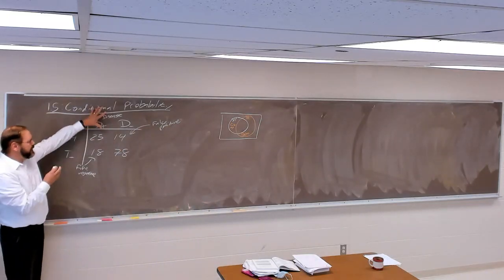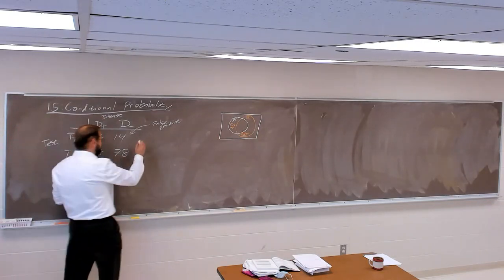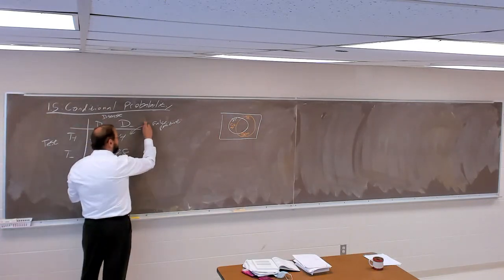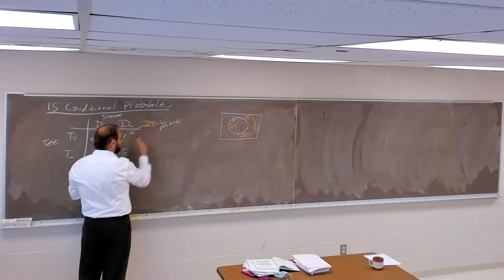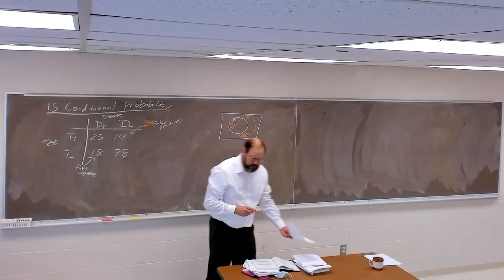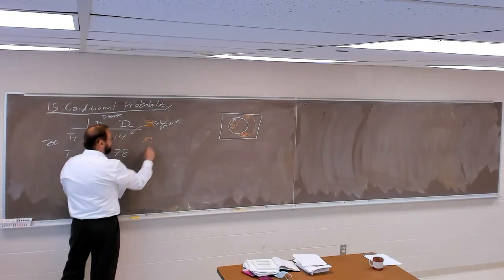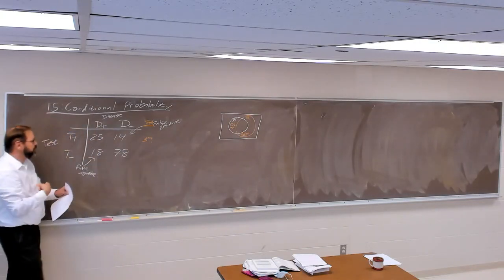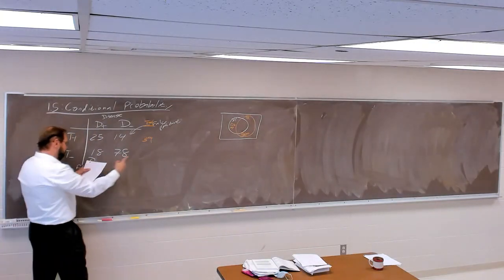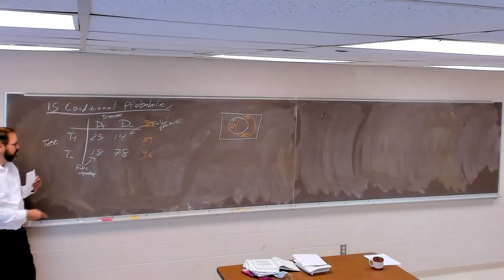So tables like this are very informative. We can do a couple of things here. We can get our total values. I'll just complete this table. Again, if I start doing arithmetic in my head, I'll start getting tired. So 39 would be the total number of people who test positive, and 96 would be the total number of people who test negative.